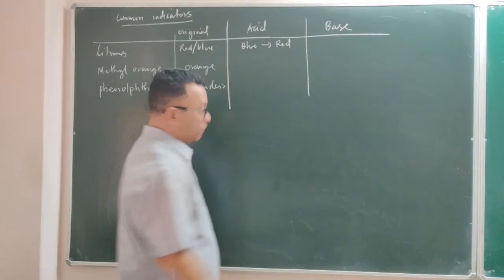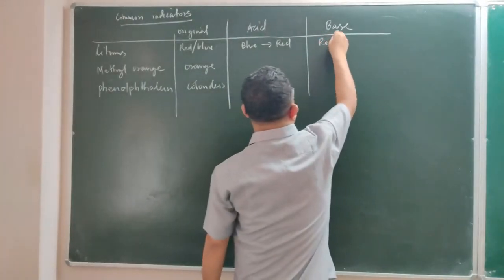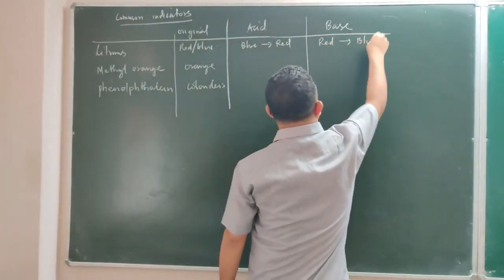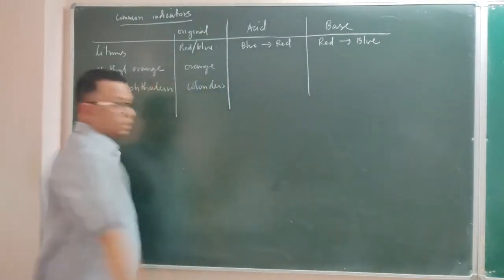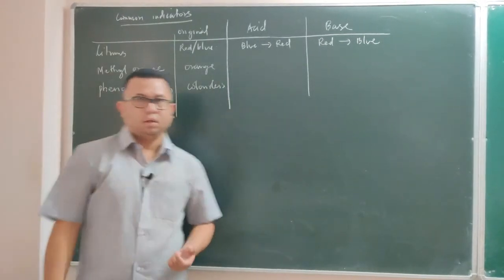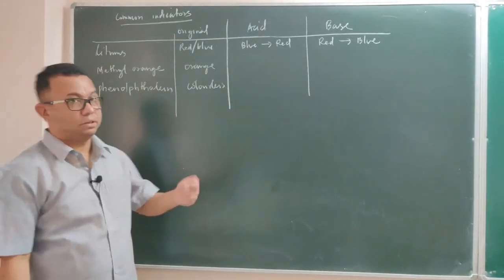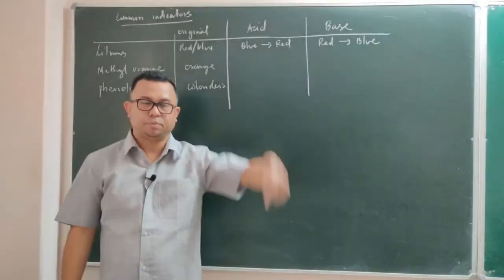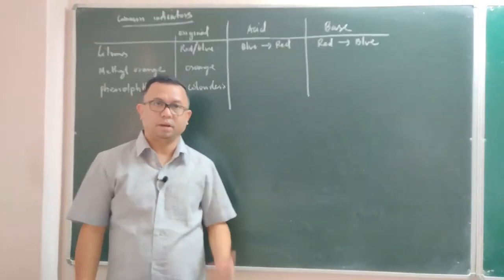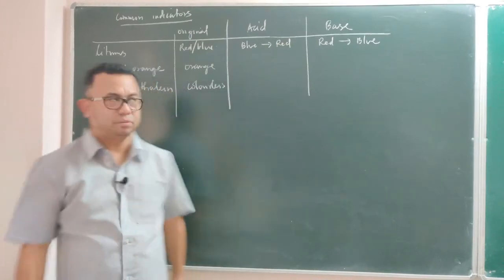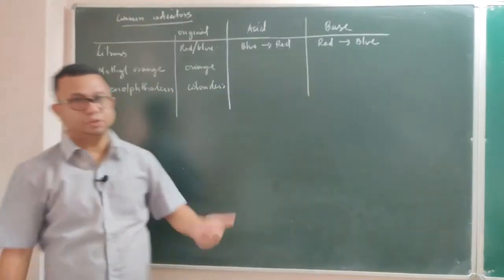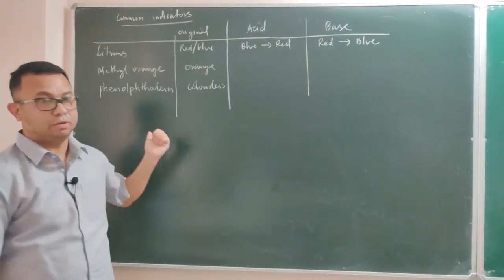Similarly, in a base the opposite happens: red litmus turns blue. Litmus is a solution, but for convenience it is converted into a paper, litmus paper, which you might have seen. Otherwise, all these 3 are solutions, and we usually prepare a solution of all these 3.